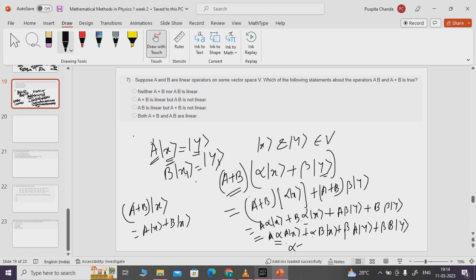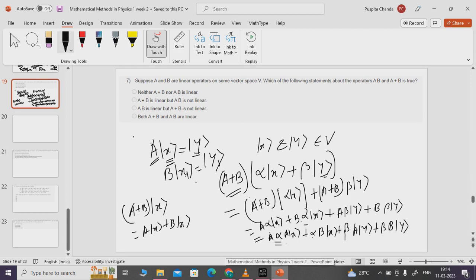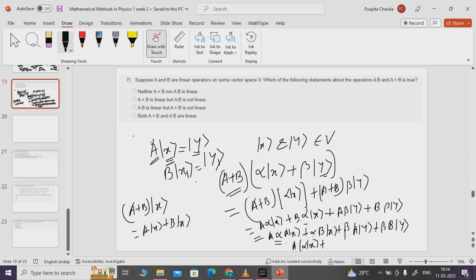We can take common factors, so it will be A into alpha x plus beta y, plus B into alpha x plus beta y.